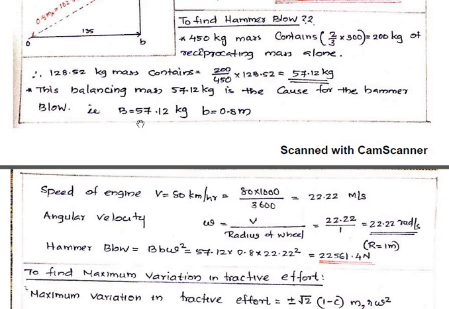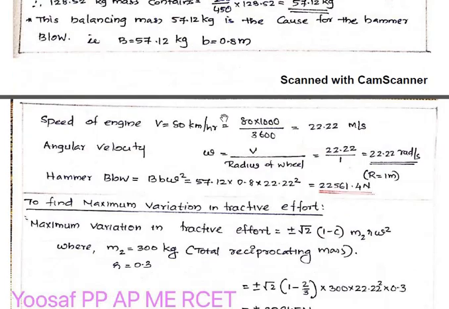That is, capital B is 57.12 kilogram, and small b, the radius, is already given in your question, 0.8 meter. The speed of the engine is 80 km per hour. You can convert 80 into 1000 divided by 3600, which gives 22.22 meter per second.